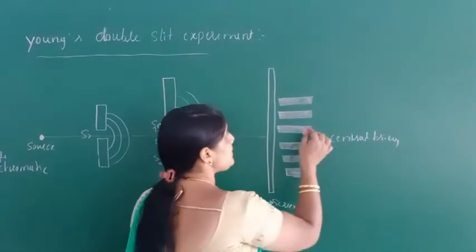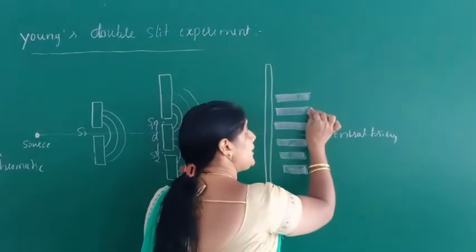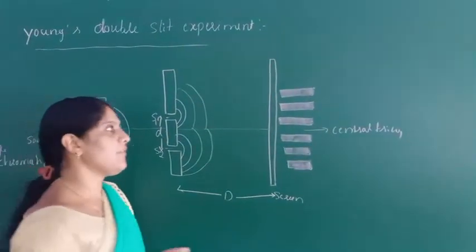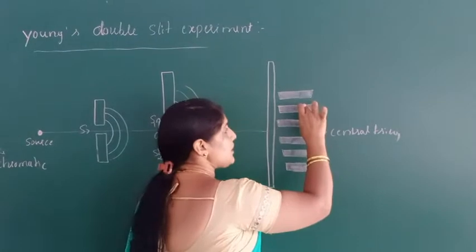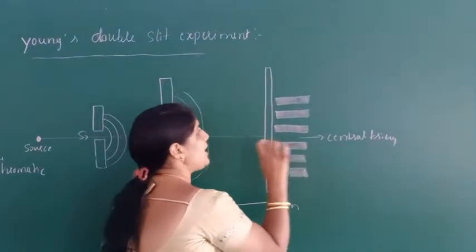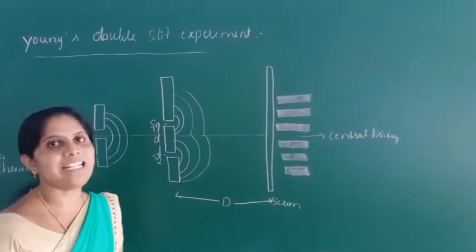Next, the distance between any two consecutive dark fringes or any two consecutive bright fringes is known as fringe width.